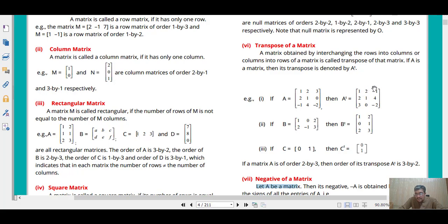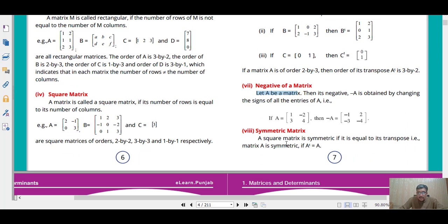It will be A transpose. Remember that transpose is always denoted by A raised to power T. Now let's move towards the questions.